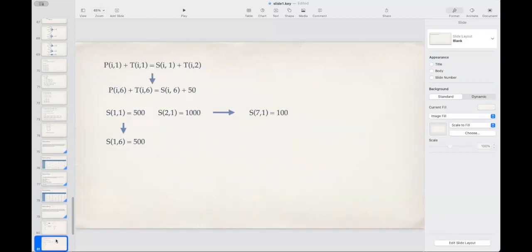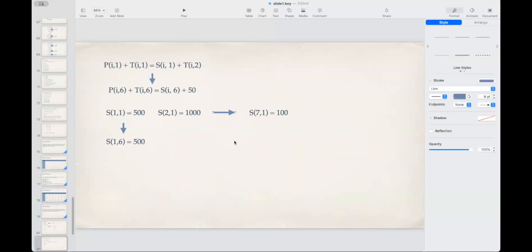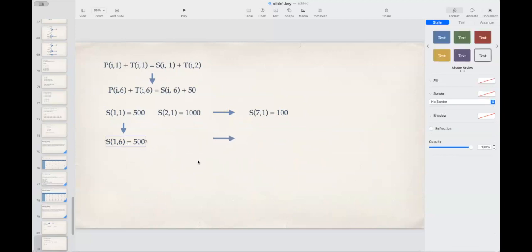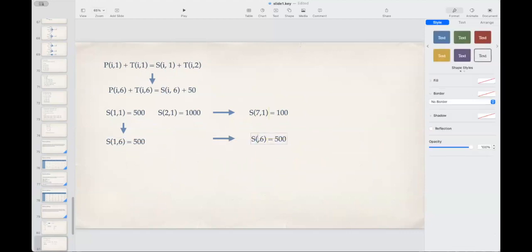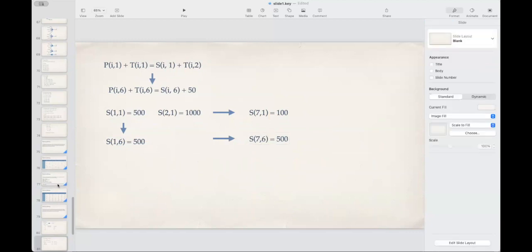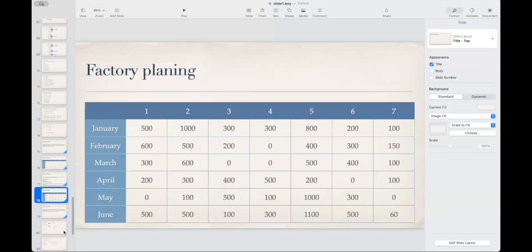So, the last one, I should write something here for S76. 76 is 60.